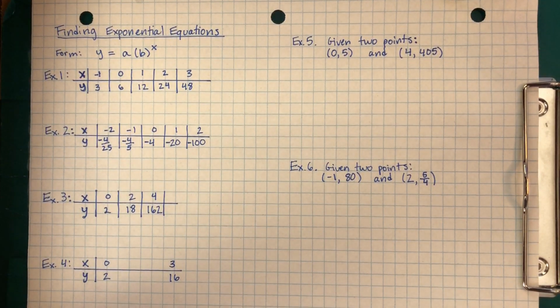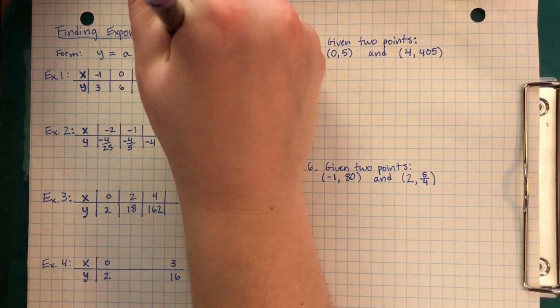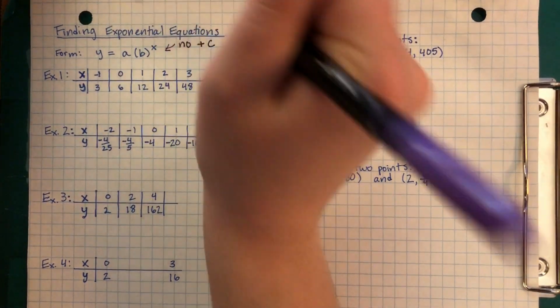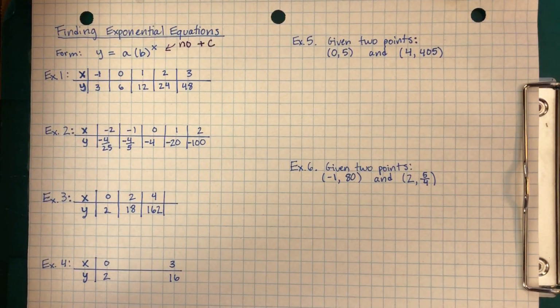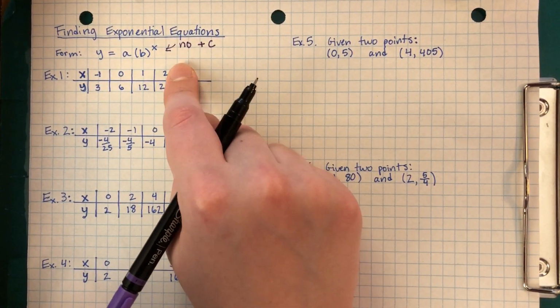And you'll notice here that there is no plus c on the end. So what that means is when we do these type of problems, we are not going to deal with any that have an added constant.